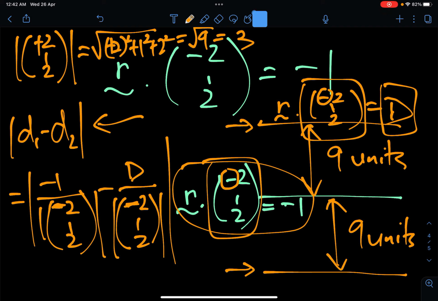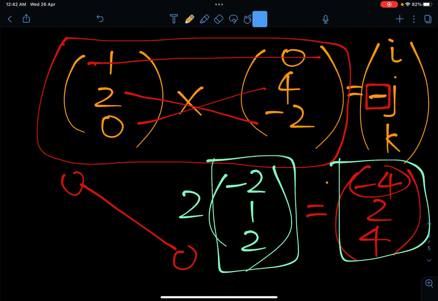The main objective of this third video was to show you the quickest way of applying cross product, which I showed in the earlier slides. But I should mention, as in yesterday's video, that my normal should be negative (2, 1, 2).